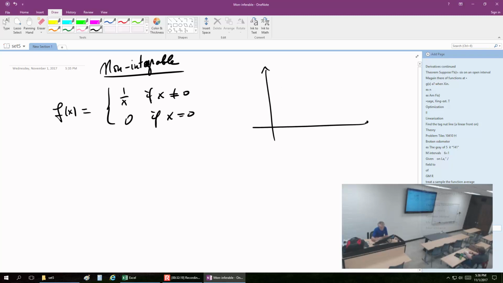So the graph looks like this. If we're talking about the integral from 0 to 1, the function is defined on this interval. The trouble is, let me be specific here. So this is my graph. It follows the function 1 over x, except that at 0 it is equal to 0.